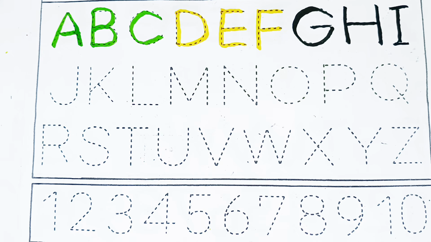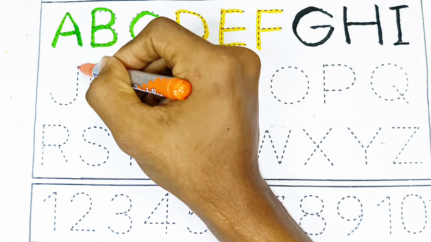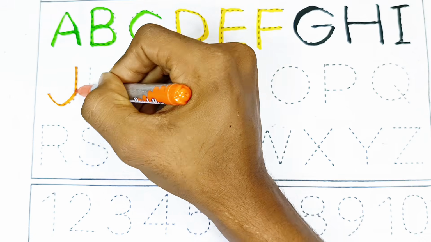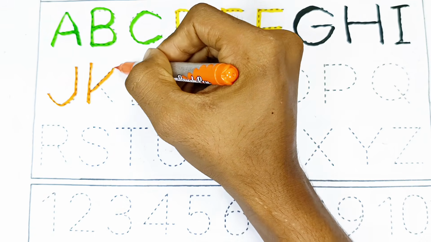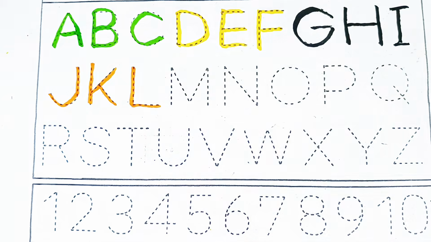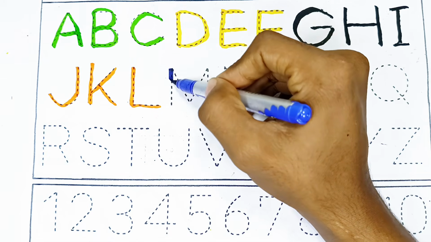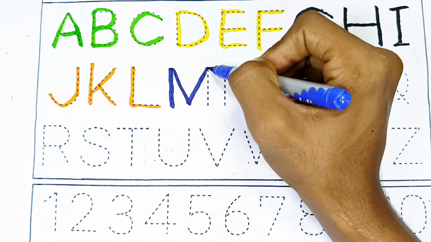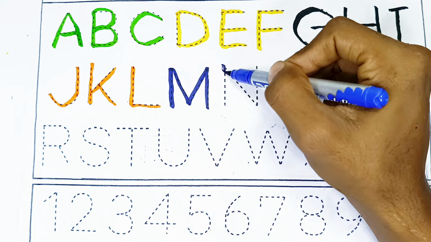I for ice cream. Kids, now you draw J. J for Joker. K for King. L for Lion. Kids, now you draw M. M for Moon.